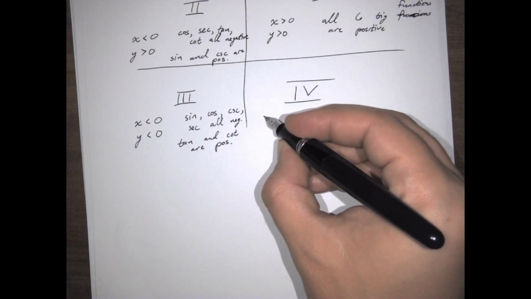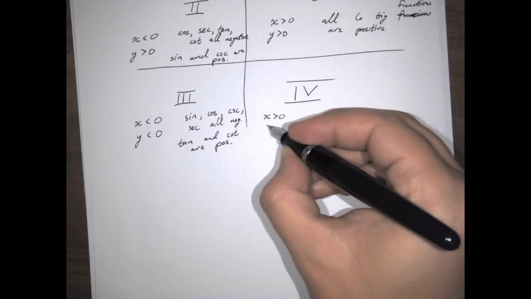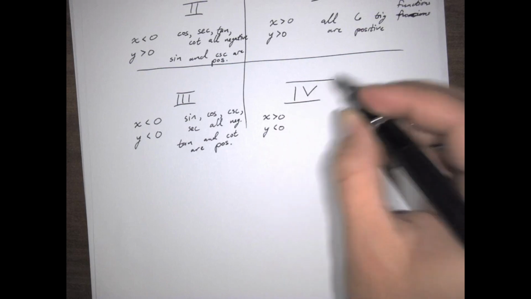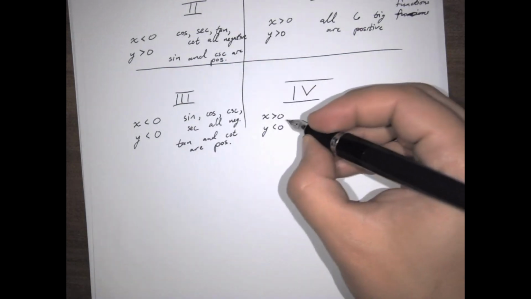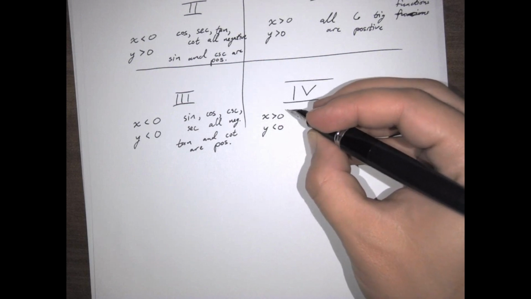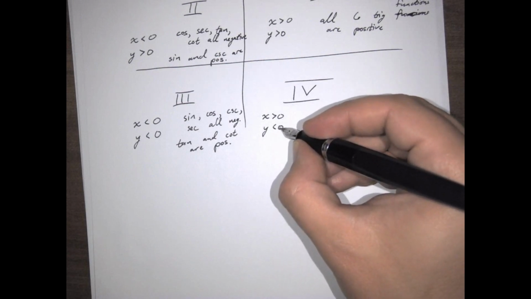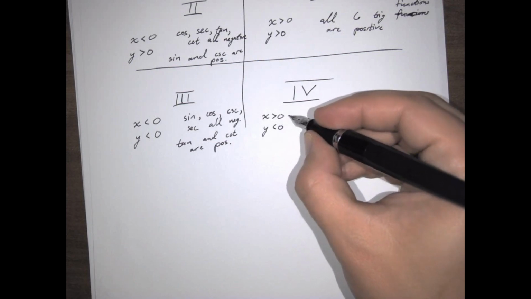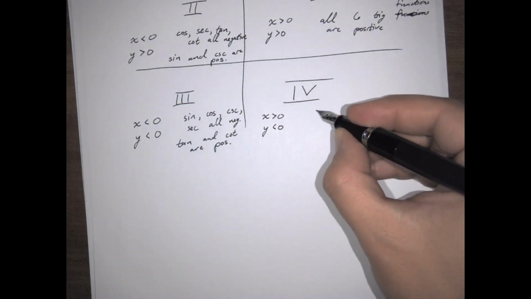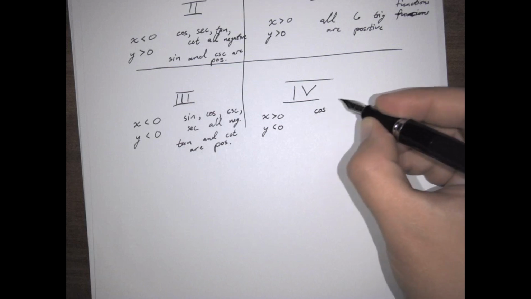And then over here, what do we have? Now it's x that's positive, y that's negative. So what does this mean? This means all the ones that involve the y are going to be negative, and all the ones that don't will be positive. So let's look at the positive ones.